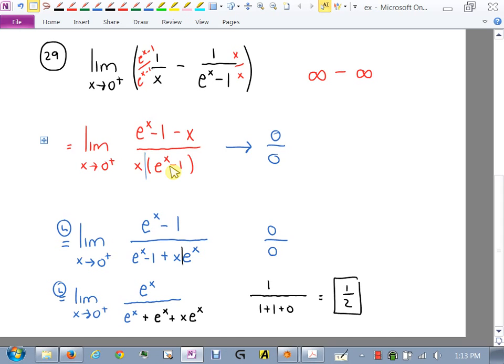23. Okay. X is going to 0. We have cotangent 2x sine 6x.